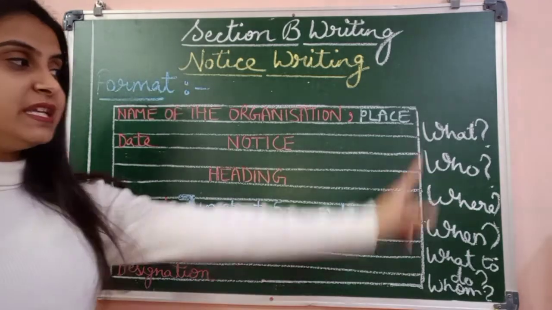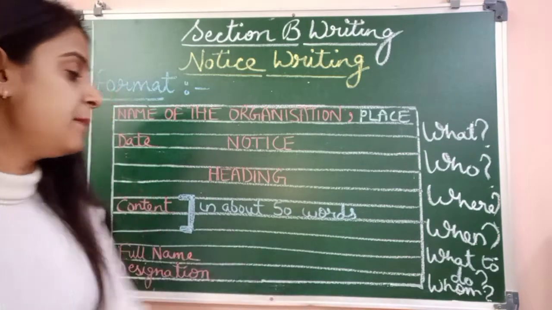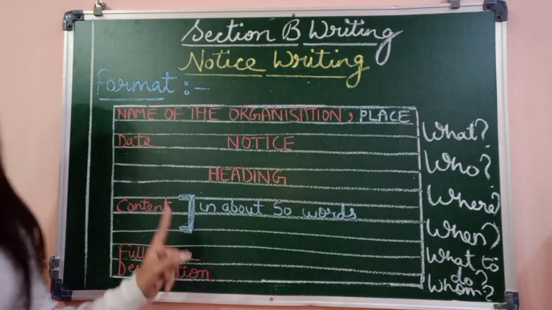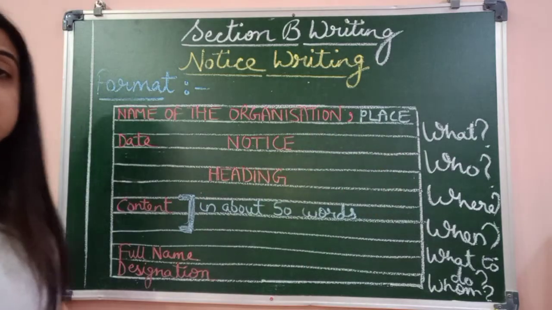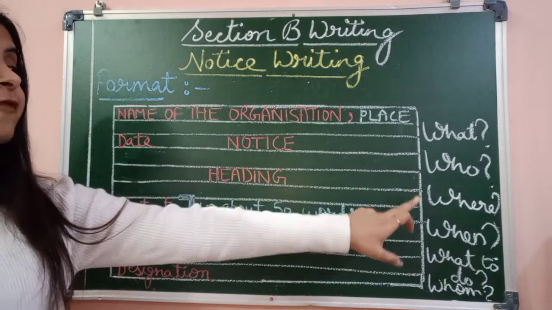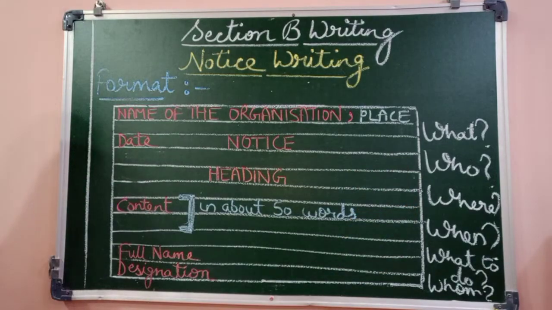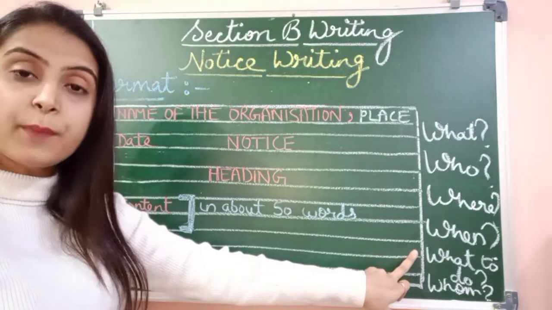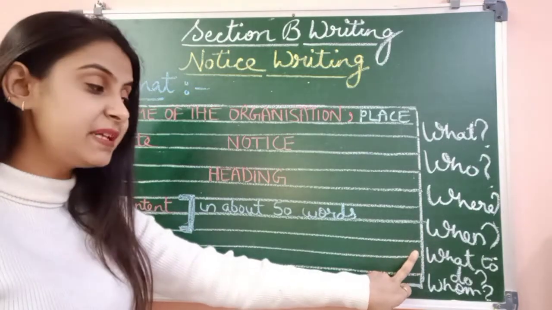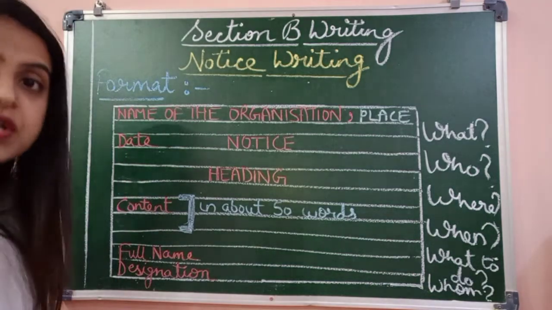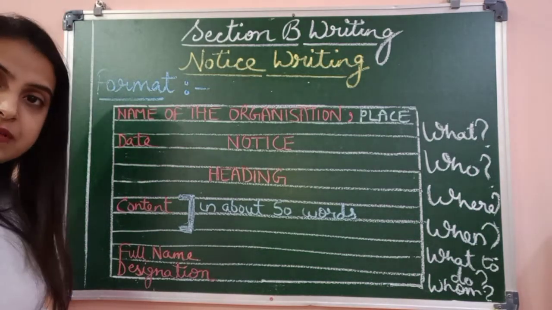So these are the things to keep in mind about the content: what the notice is about, who it is addressed to, where and when the event is to be held, what to do for participating in the event or competition, and whom to approach in case of any queries.